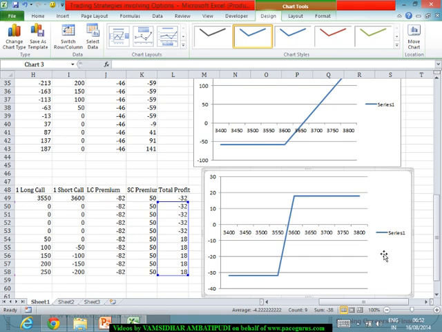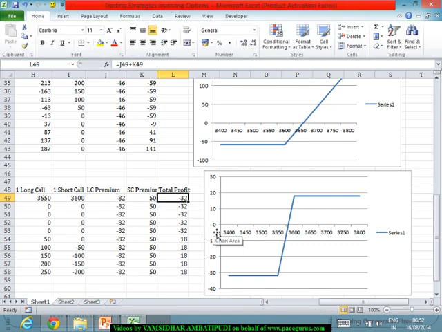And as we know, the higher strike price will always be available at a lower cost. Initially, there will definitely be an investment in this kind of a strategy. 32 rupees has to be invested, but it limits both the upside as well as the downside.